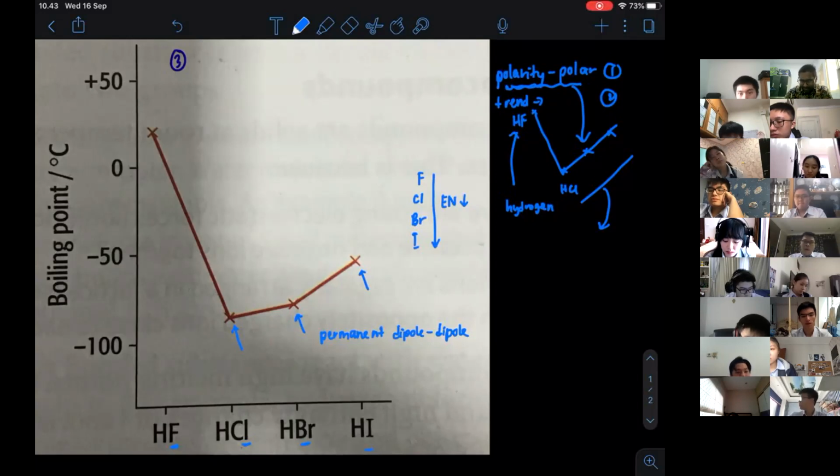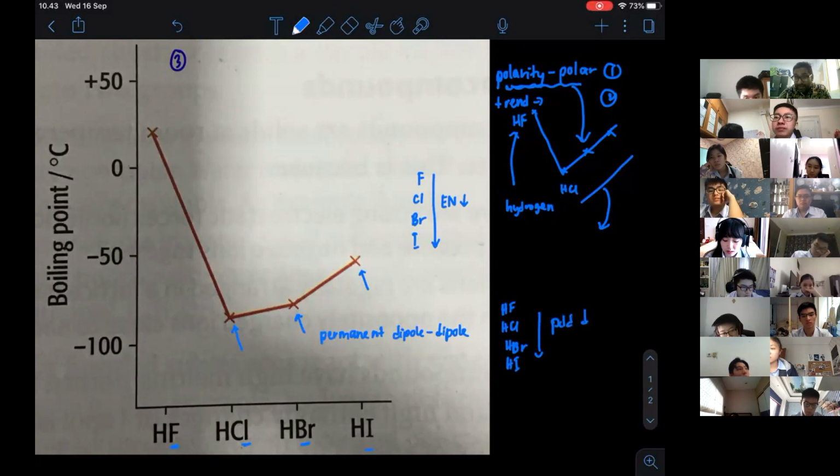So when we look at it in permanent dipole-dipole, for HF and then HCl, HBr, HI, if you go down, it's getting less electronegative. Less electronegative means the permanent dipole-dipole, PDD, is decreasing.